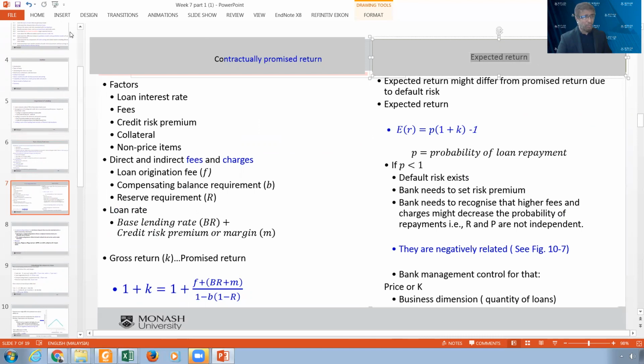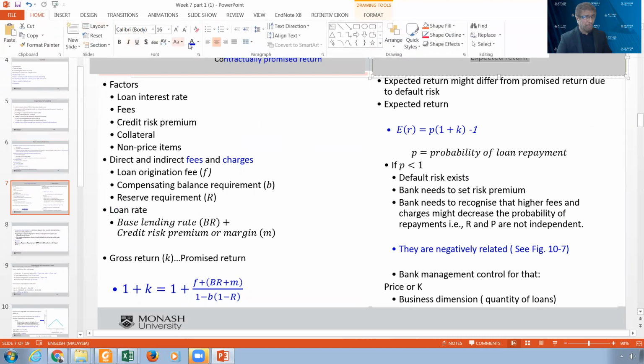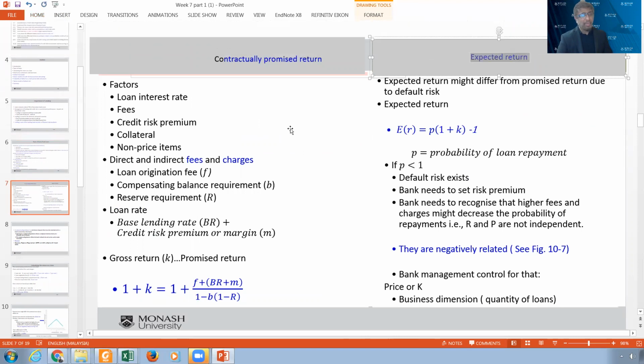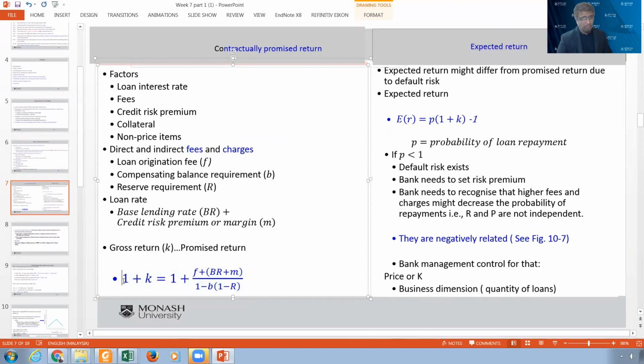Let's go first to the contractual one. This is when you sign the contract with the customer and tell him we are charging you such and such interest. So it's a combination, governed by this formula, and I want you to know this formula very well.